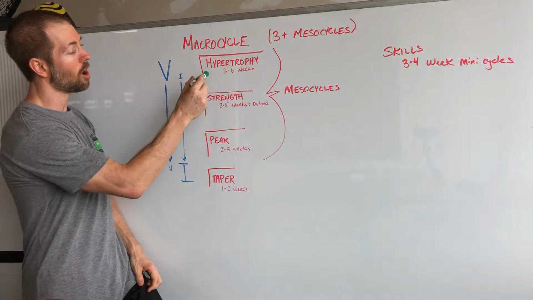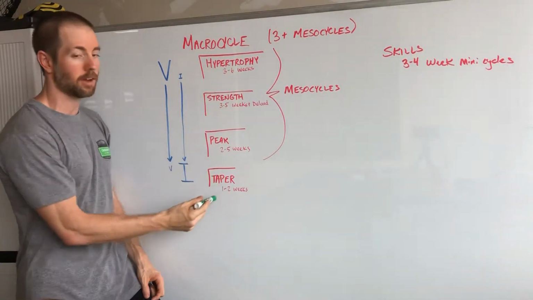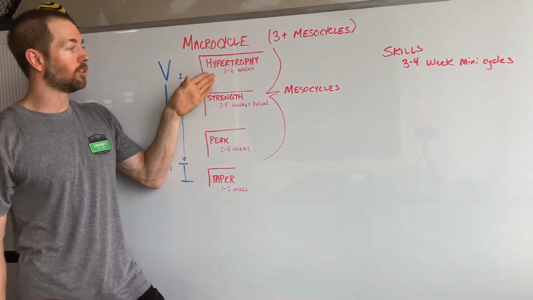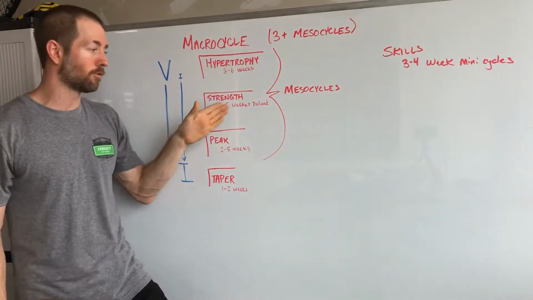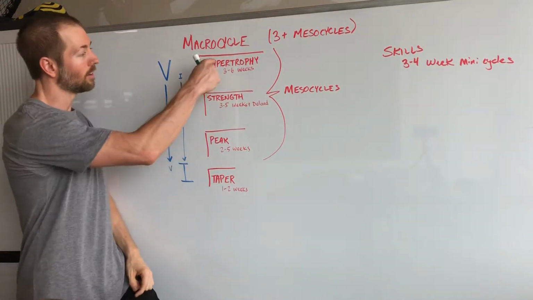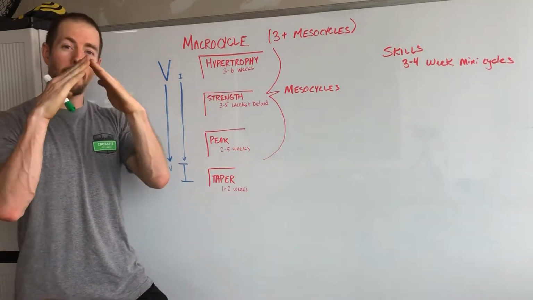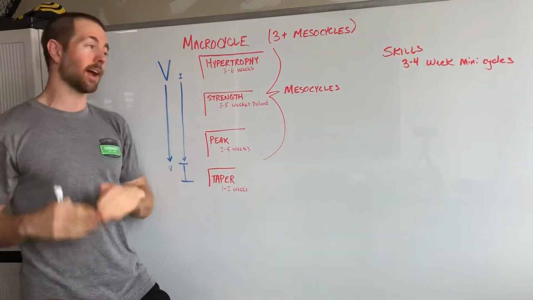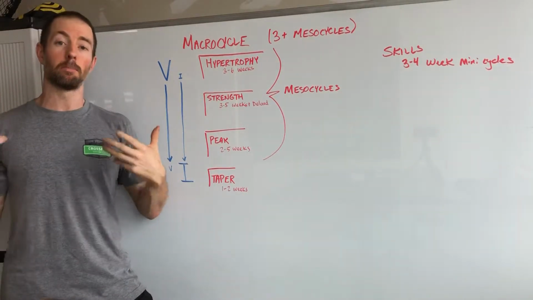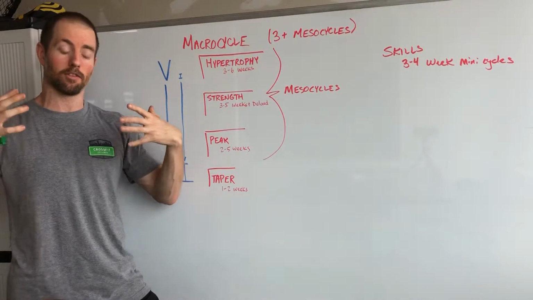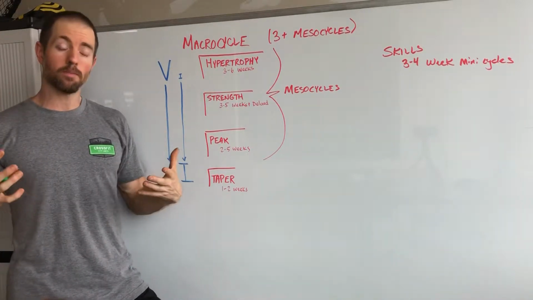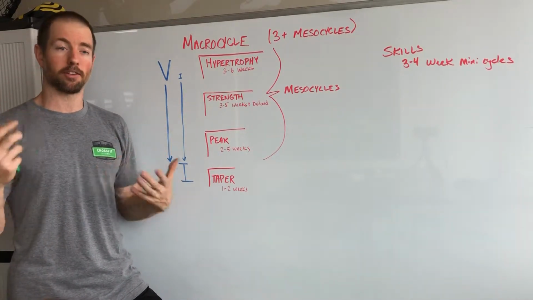So we don't always just do a hypertrophy, a strength, a peak, a taper. Sometimes we do multiple hypertrophies before moving on, but the key is that this order matters as we work our way up. First with hypertrophy, we're building muscle. We're making ourselves grow so we have more things to build on.